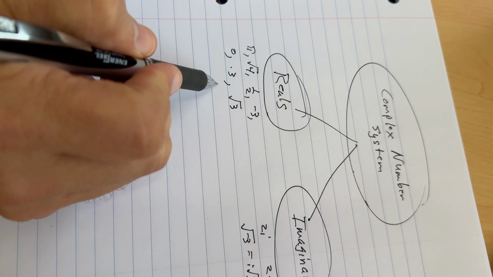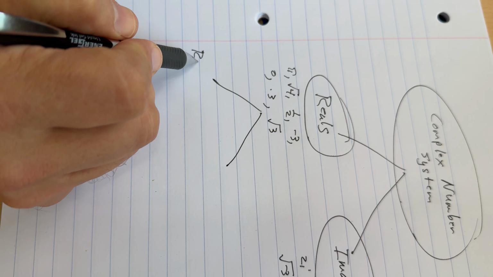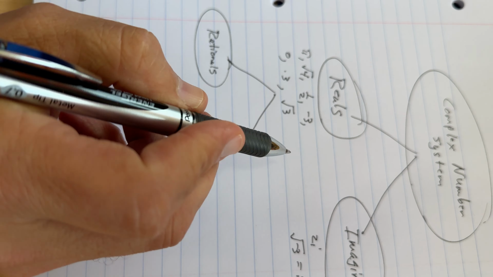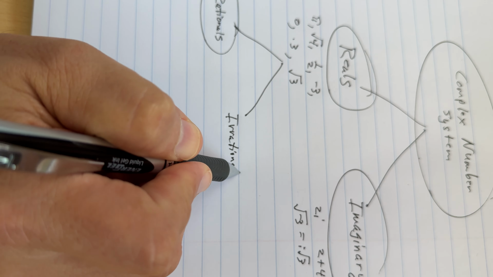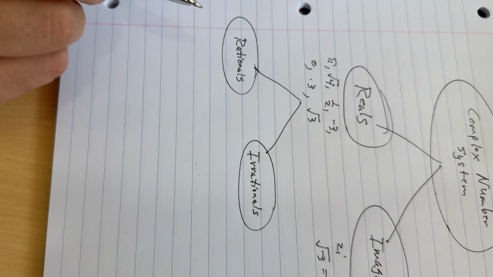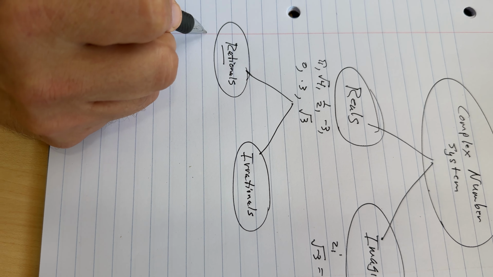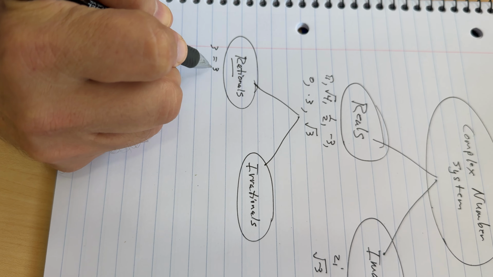Now the real numbers over here, they break down into two big categories. One is called the rational numbers, so the rationals, and the other is called the irrational numbers. Now, rational numbers, the root word is ratio, and it means any number that could be written as a fraction. So 3 is rational because 3/1.